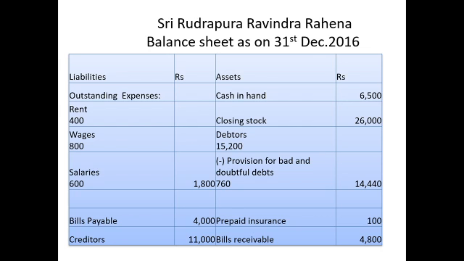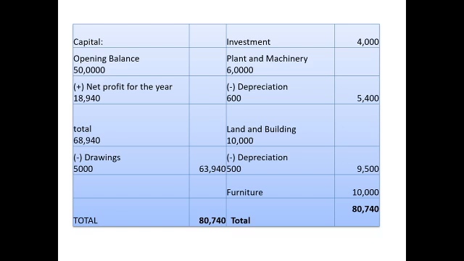Creditors 11,000. Next, capital. The opening balance given in the problem is 50,000. Add the net profit 18,940. From the total, the amount withdrawn for personal purposes, that is drawings 5,000. The net or closing capital will be 63,940.